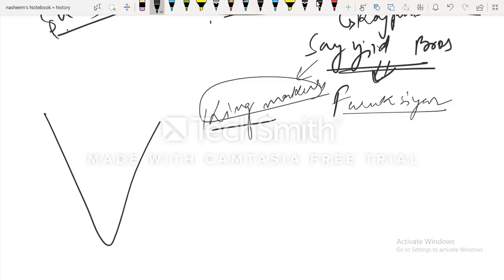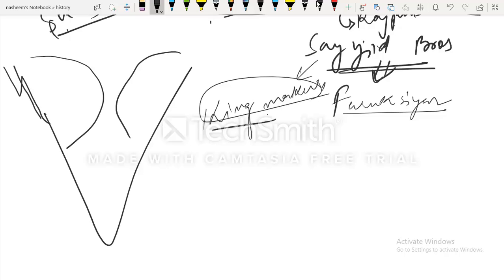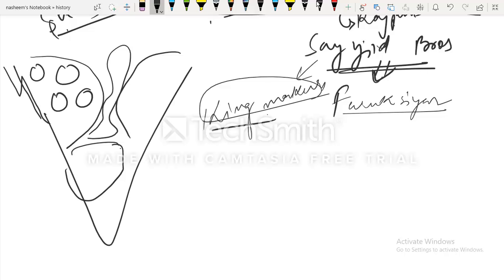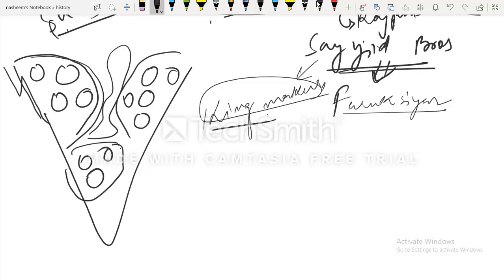Let's say this is some part of India, and this is a province. This is another province, and another province in between. Within each Mughal province, they had smaller allotted areas. These smaller areas were called Jagirs, and they had one governor for this entire region.